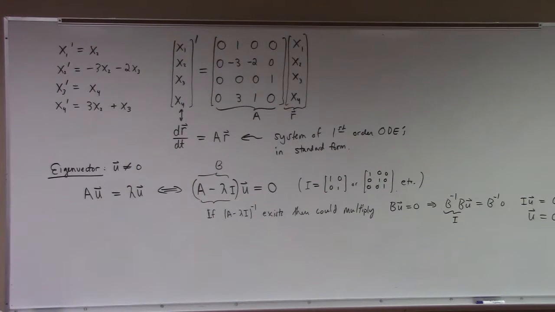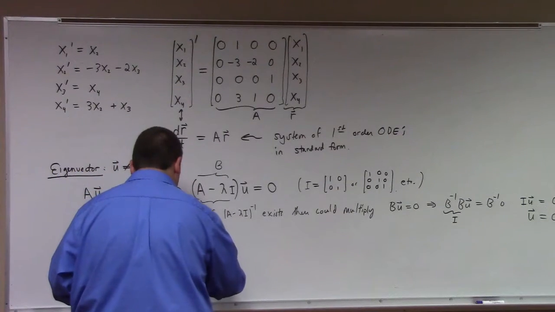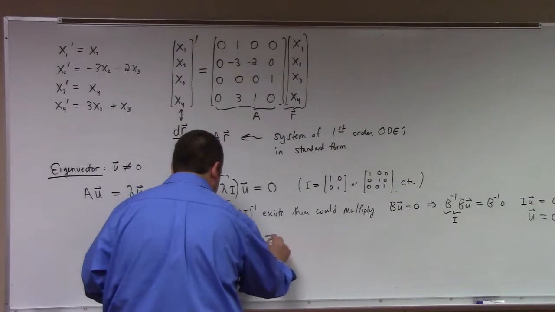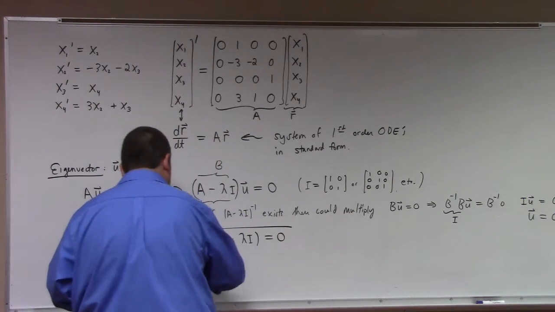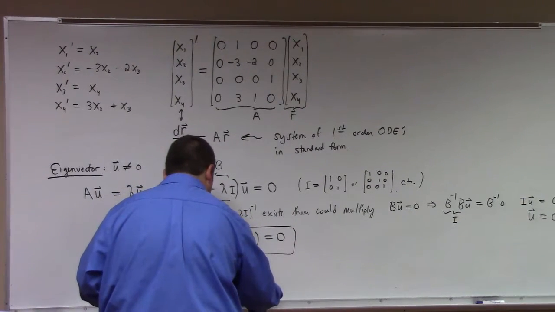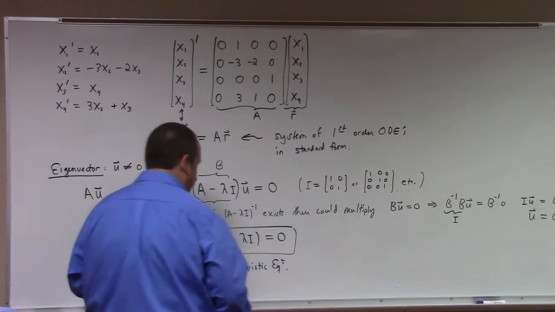Simply this. The determinant of that matrix must be 0, right? Since we're working over the reals or the complexes, it's just that. So, in short, the determinant of A minus lambda I must be equal to 0. This is the so-called characteristic equation for A.